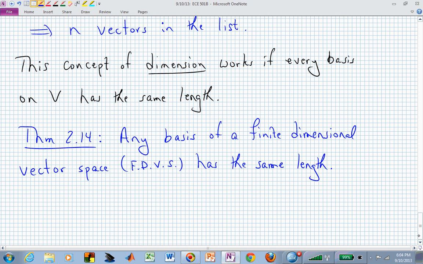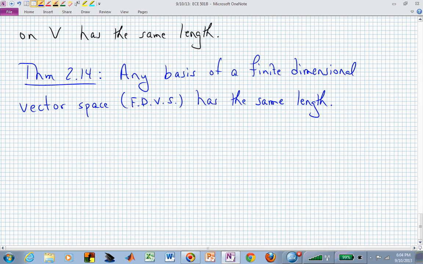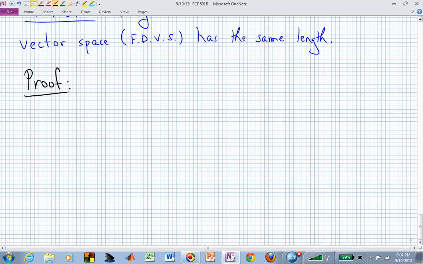That's Theorem 2.14. And we've really proven this already, but now let's start writing some of this down, slowing the pace down a little bit. But we can say that we've effectively already shown this.